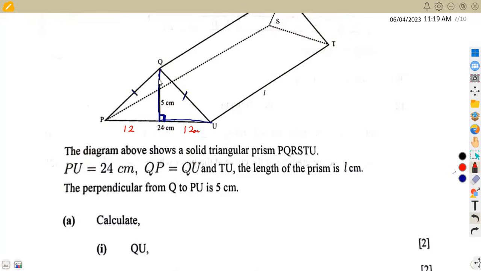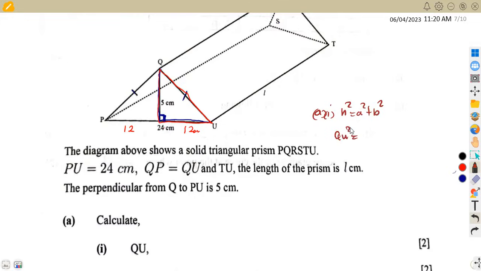Taking this triangle, from Q to this point, to point U and back to Q, we have a right angle triangle, for which we can use the Pythagoras theorem to calculate the side QU. So this is our item 1. Remember that h squared is equal to a squared plus b squared, where the hypotenuse is QU.